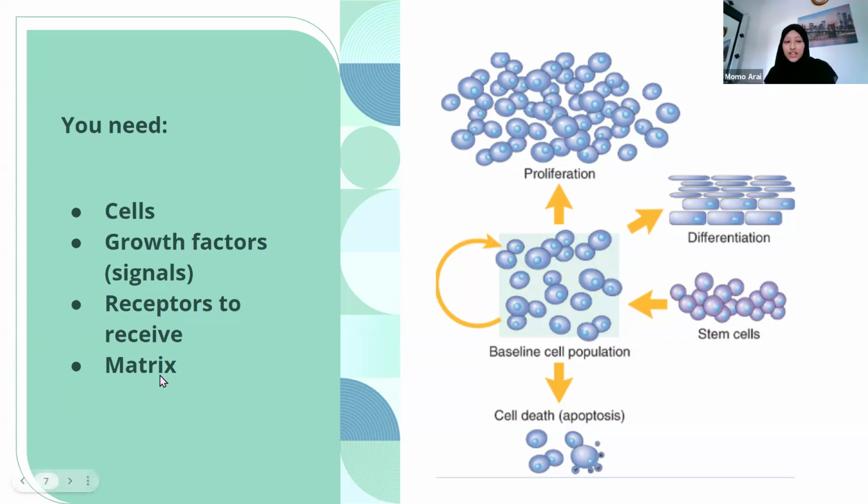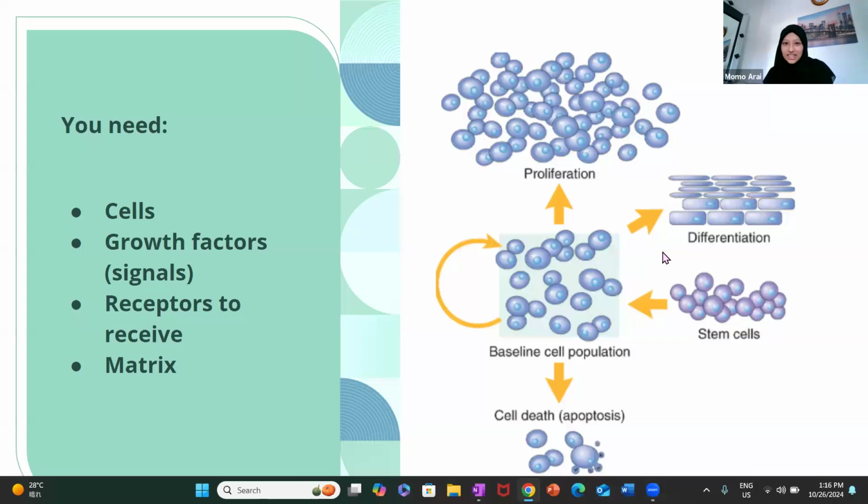And you need the extracellular matrix, or support. Does that make sense? You have the cells, you have the support matrix, and you have interaction between those two in terms of growth factors and receptors to receive that. Does that make sense for everyone so far? I'll talk more about it in detail, don't worry.